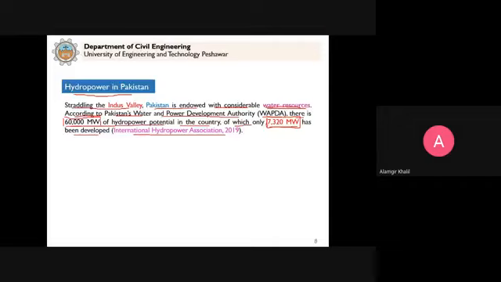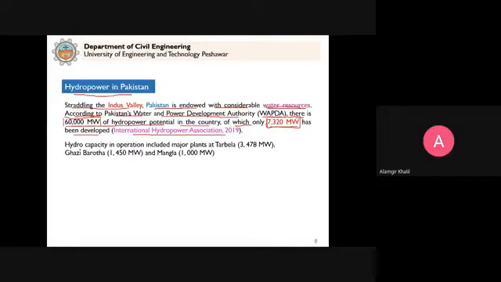Besides that, the government is developing small and medium-sized hydropower projects because it is a cheap source of electricity, environmentally friendly, and the other purpose is to meet the electricity demand, because you already know that Pakistan is facing an energy crisis. So we are generating just above 7,000 megawatt of the available potential of 60,000 megawatt.